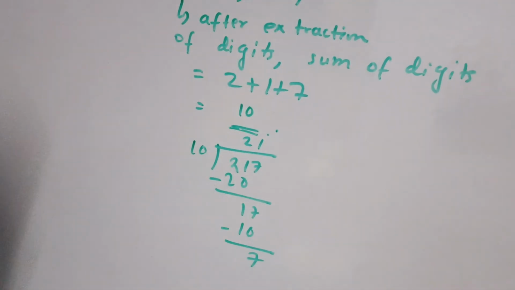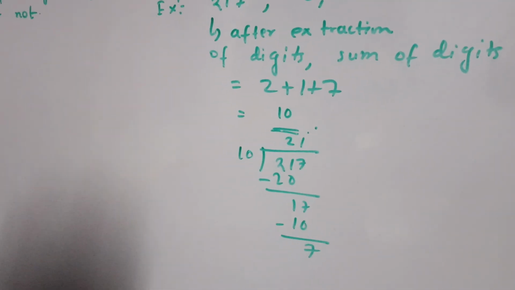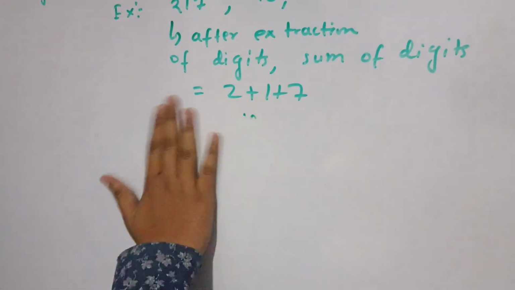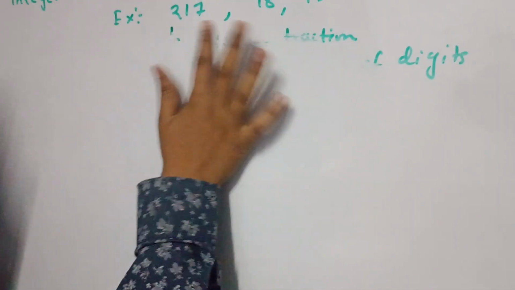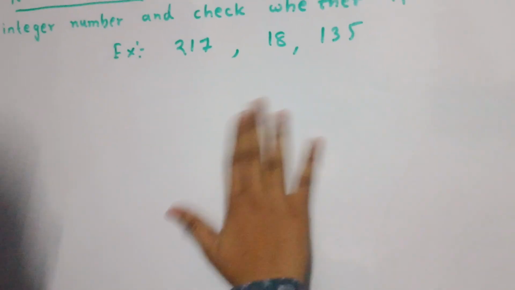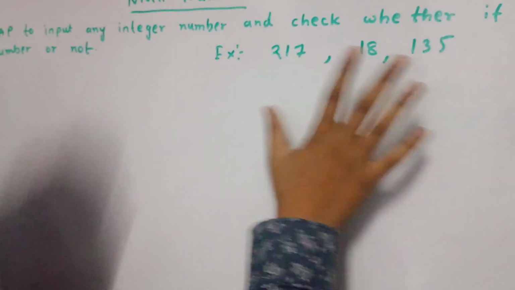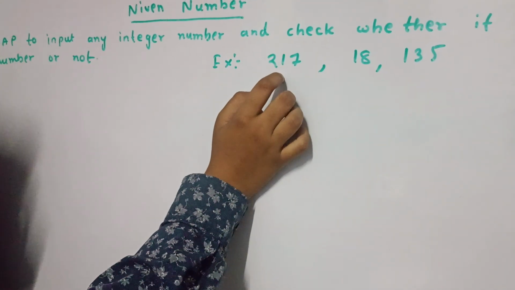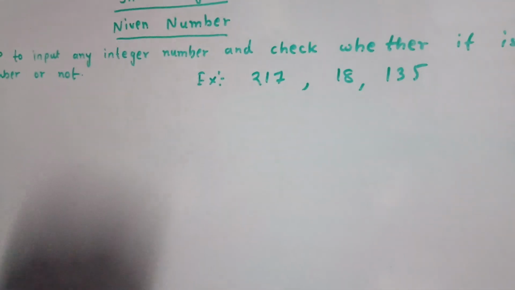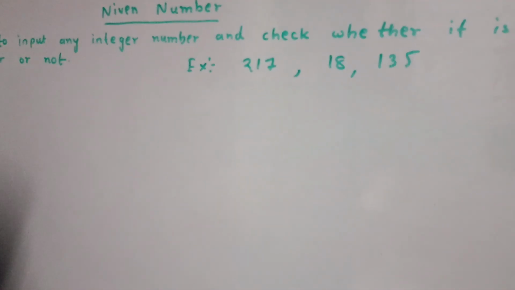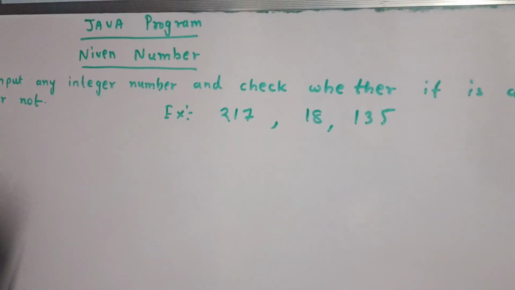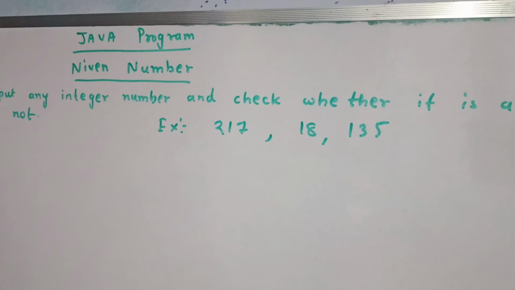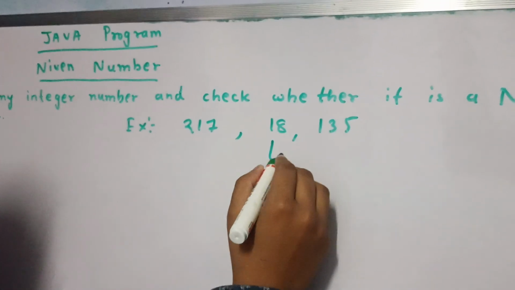It is not getting divided, so it is not a Niven number. I have given you 3 examples, of which the first one we found is not a Niven number because the number is not divisible by the sum of its digits.